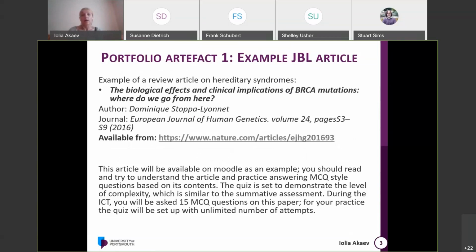This year I converted it and made 15 MCQs, which were very similar in style to the in-class assessment MCQs. We provided that article, and I created exactly the same quiz online, and explained to students that they can practice on that, just to have a go, read the article, and see if they're able to find the answers.